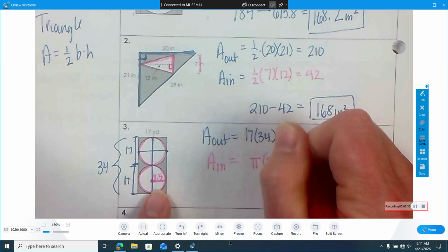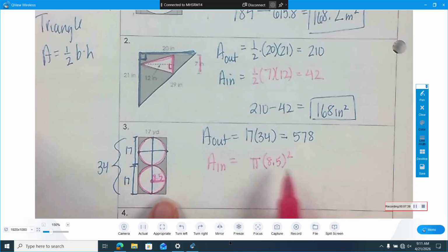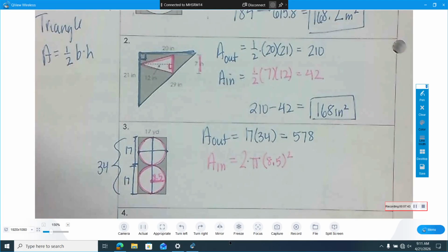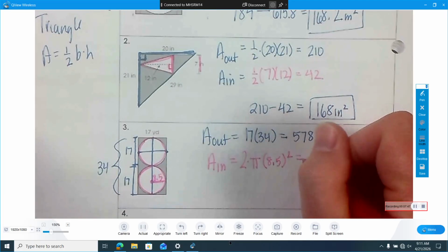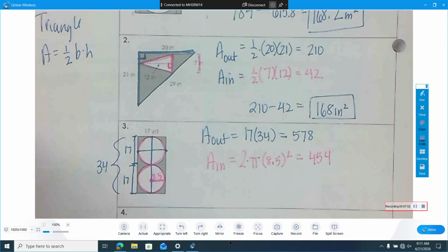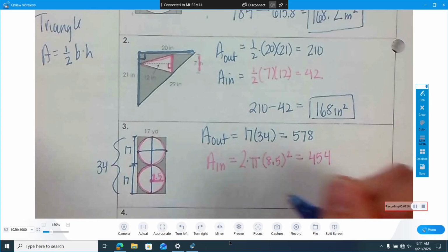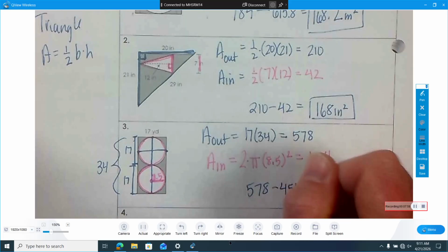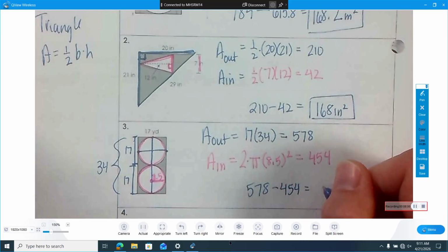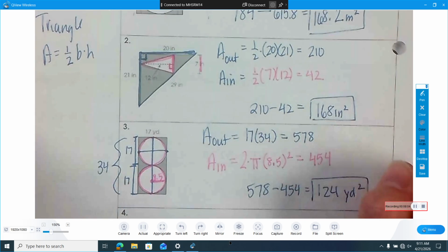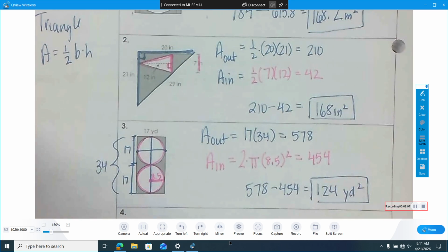So 8.5 squared, that's 1 circle. How do we make it 2? Times by 2. Very good, you guys are rock stars. And you got 454? Okay. Perfect. All right, and then subtracting the 2 areas, 578 minus the 454, 124 yards squared.